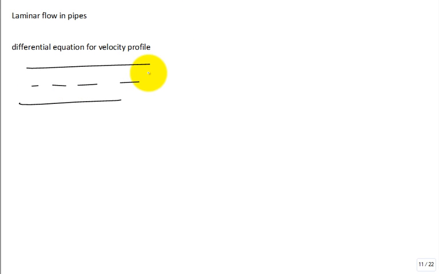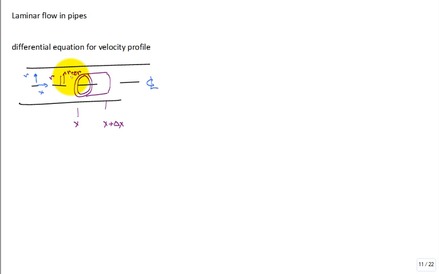And what I have around the center line is an r-x coordinate system, and I'm interested in doing a force balance on a little differential element that looks like this. That differential element goes from x to x plus delta x. It also goes from r to r plus delta r.